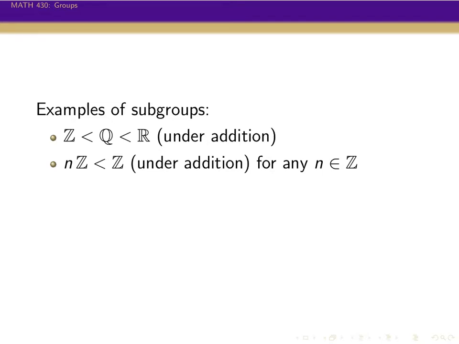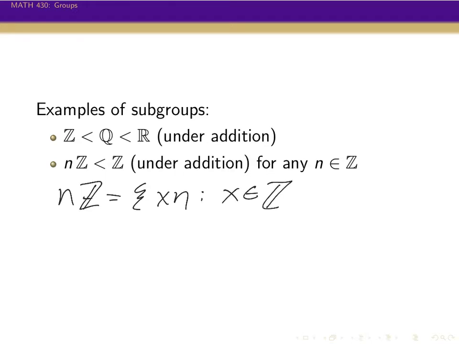If for any integer n, we take all the integer multiples of n, that is going to be a subgroup of the integers. So in this notation, when I say nZ, I'm thinking about x times n for all integers x.